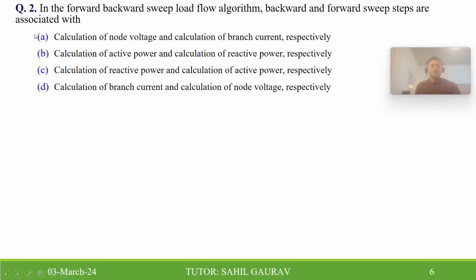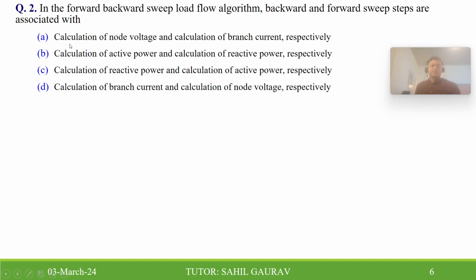Now coming to the second problem: in the forward backward sweep load flow algorithm, backward and forward sweep steps are associated with. It is a single choice question, so a single option is correct. You can type your answer in the chat box.